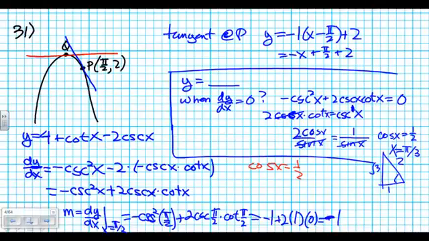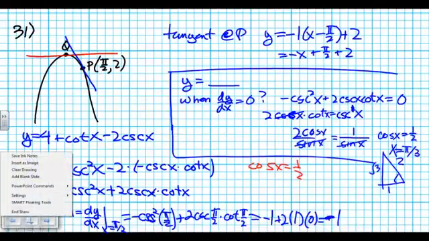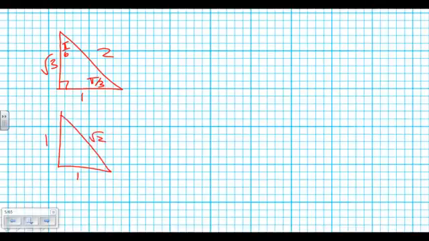Okay, a side note here. There are only 2 triangles that you were ever expected to find angles for, except for the ones at 90 degrees. That is the triangle 1, 2, root 3, where the angles are pi over 3 and pi over 6, or 1, 1, root 2, in which both of the acute angles are pi over 4.